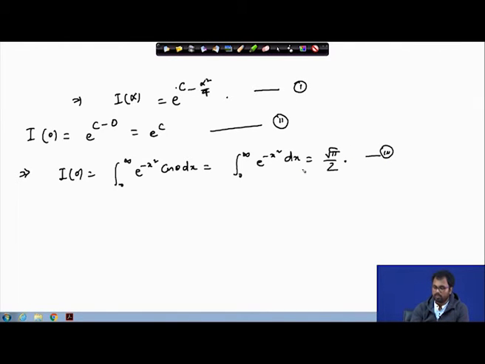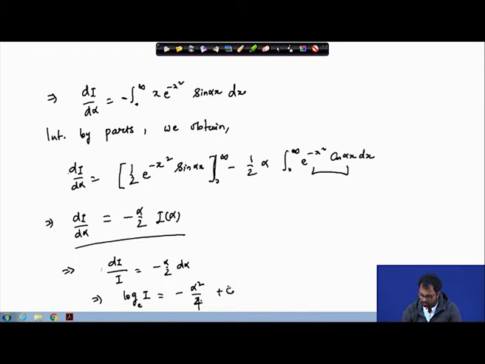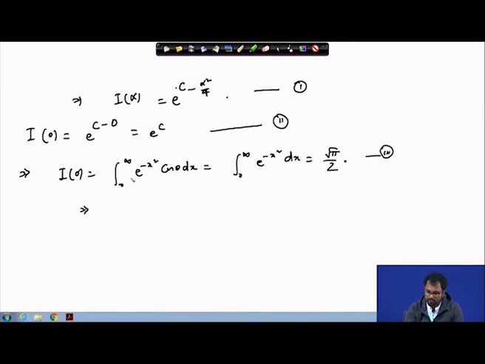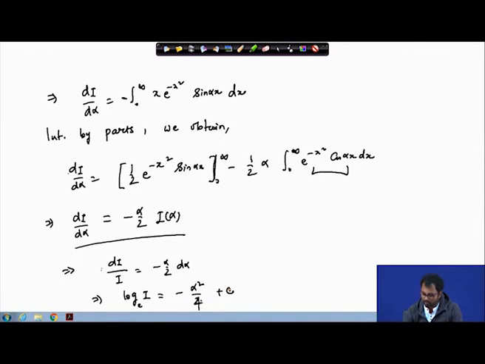So combining these two, we can see that c will be, if I choose c as, let us say, log of c, then in that case this will be log of I c, so this will be e to the power minus alpha square by 4 times c.